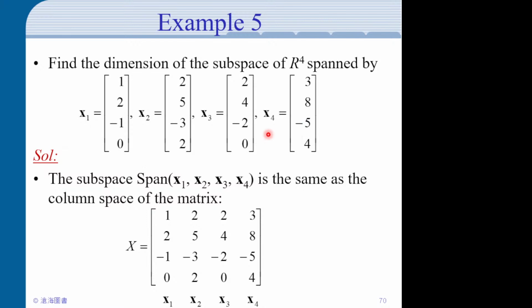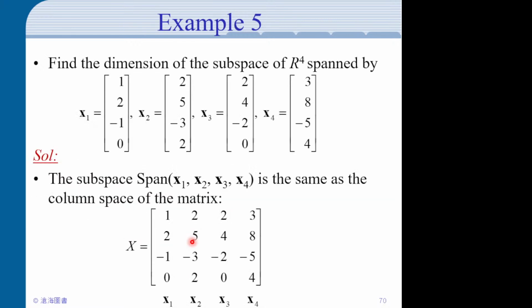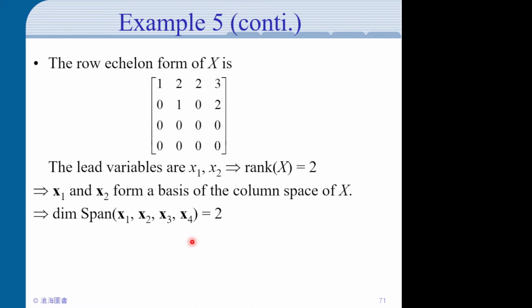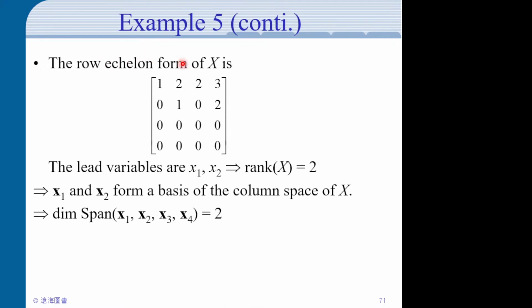Anyway, so we do the same. We list them together to form a matrix: x1 here, x2 here, x3 here, x4 here. So we form a matrix, and as usual, we skip the hard calculation part, and we get the row echelon form. We actually only get row echelon form, because we don't need the totally reduced form.